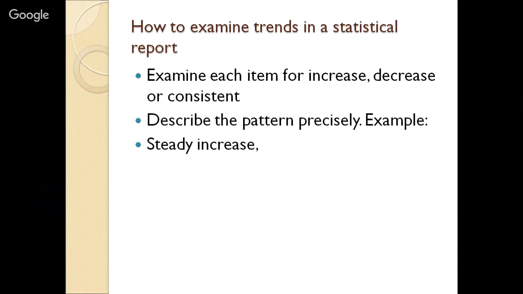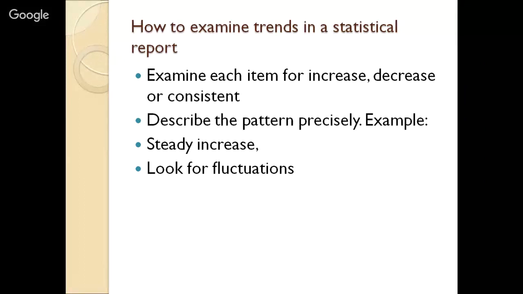So is it that you have a steady increase? Is it a significant increase? Is it a minimal increase? So there are words that you can use to state how the trend is, and that is what we call describing the trend.